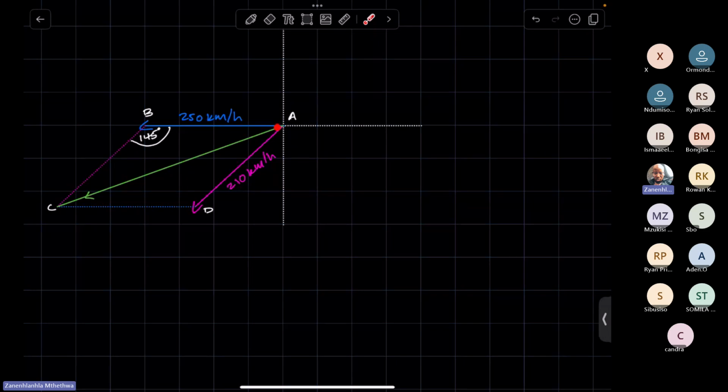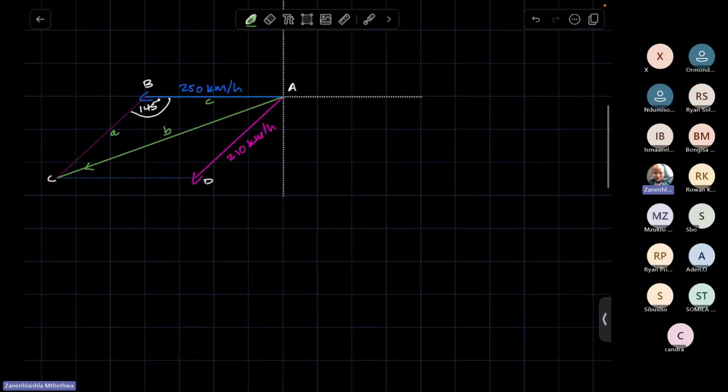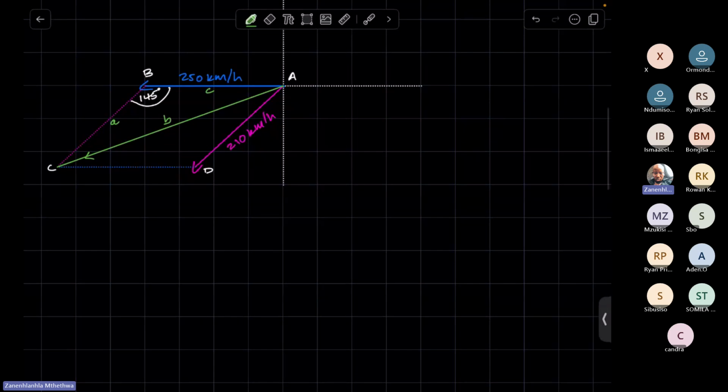We have angle A, opposite will be the side A. And then this side you have angle C, opposite that you will have the side C. And here you have the angle B, opposite that will be the side B. So the cosine rule will be looking for side B, which represents the resultant of this parallelogram, which in turn represents the velocity of P relative to Q.